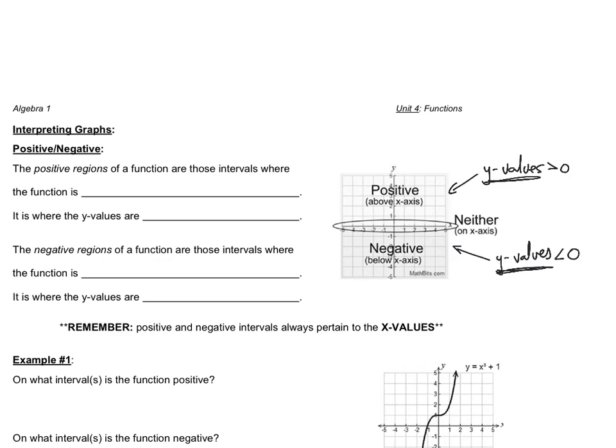All right. So the positive regions of a function are those intervals where the function is above the x-axis. It is where the y values are positive.